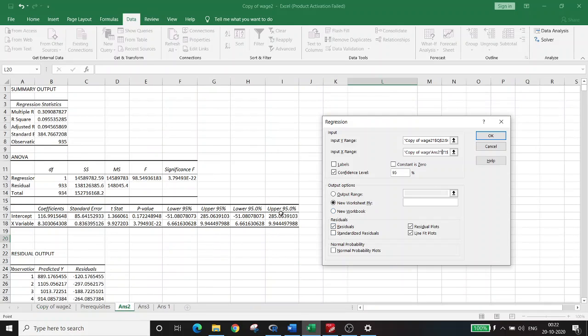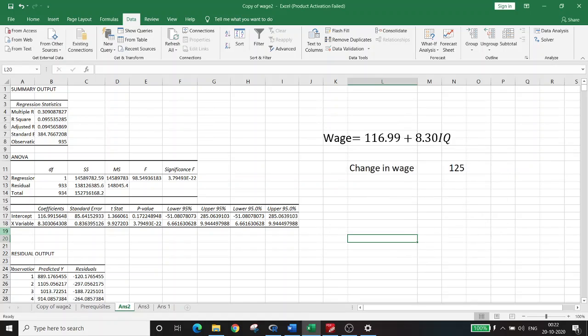When you go to the answer 2 page, this is the regression summary that I have got. If you see here, these are the coefficients, standard error, t statistic of the coefficients, p value of this t statistic, and the lower and upper confidence intervals. The value of the constant term comes out to be 116.99, so I have written 116.99.